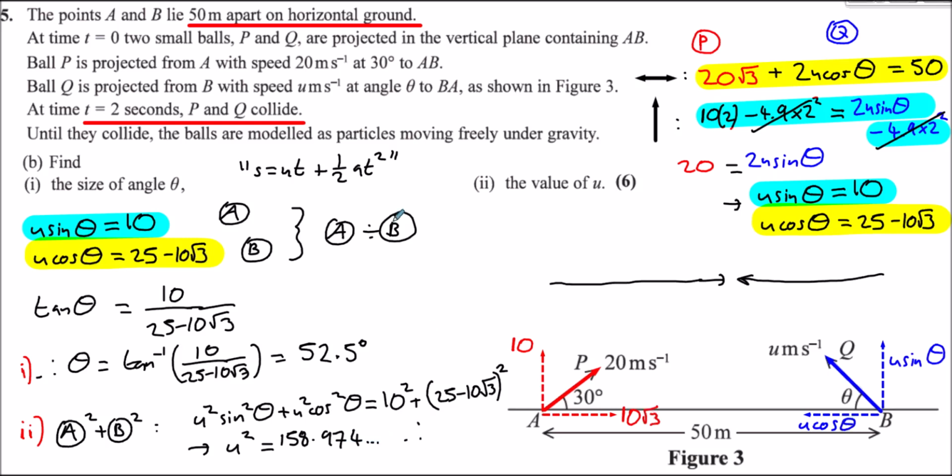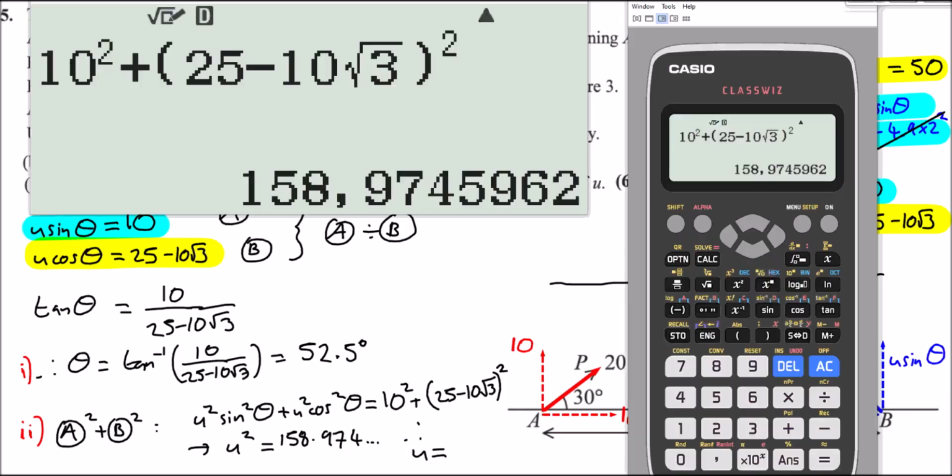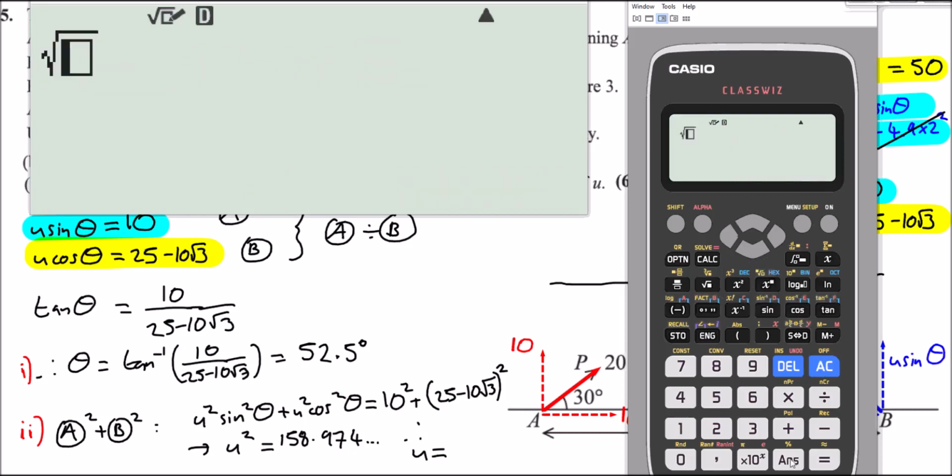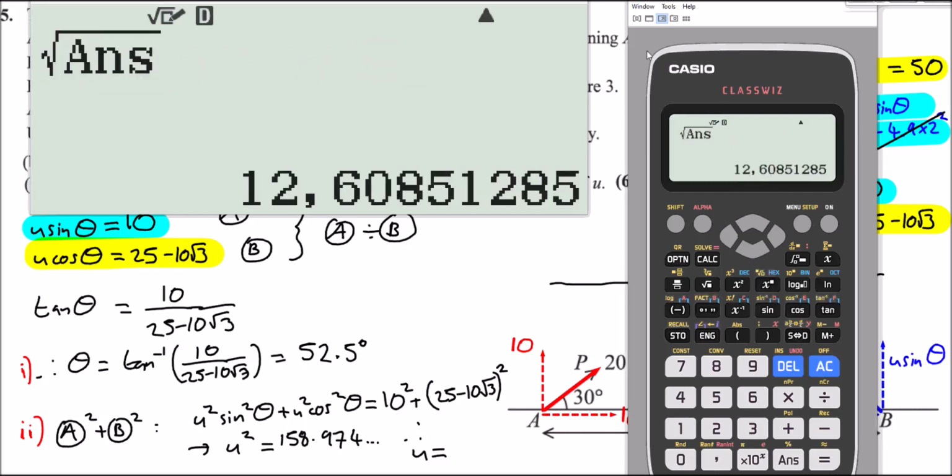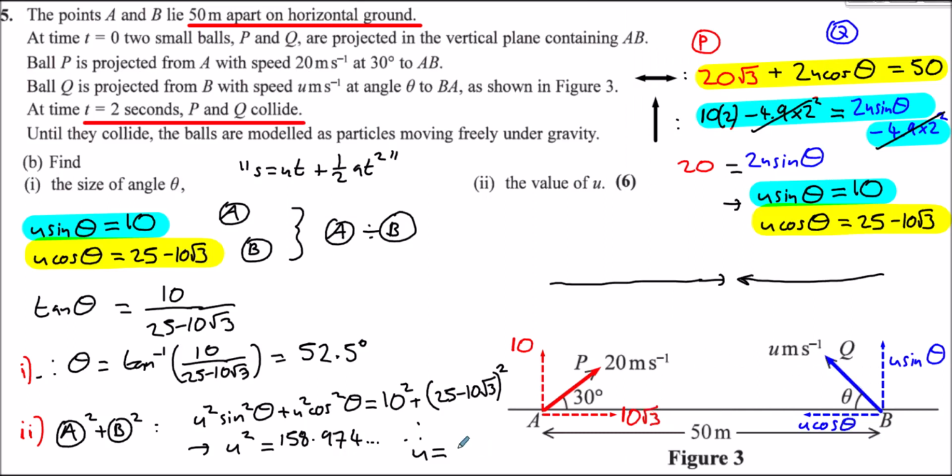So then, therefore, for part 2, u will be the square root of that. So square root of the answer and round to an appropriate degree: 12.6. So u is 12.6 meters per second. And for part 1, theta was 52.5, of course.